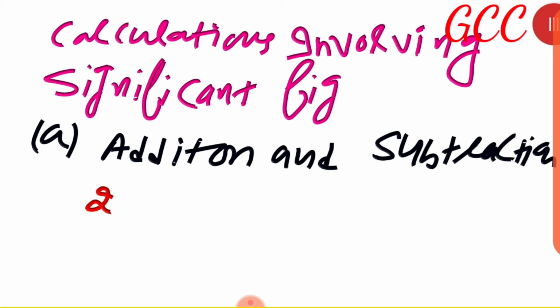Let it be, I am having 2.23, okay, and this is 2.3, okay beta, and next one is 4.2. Is that clear?